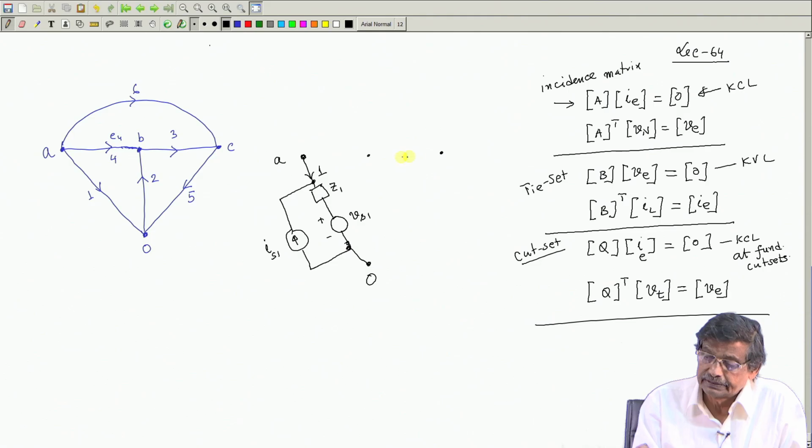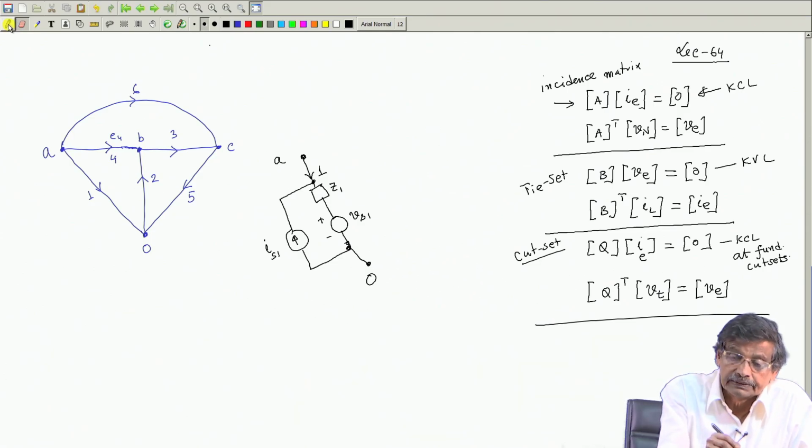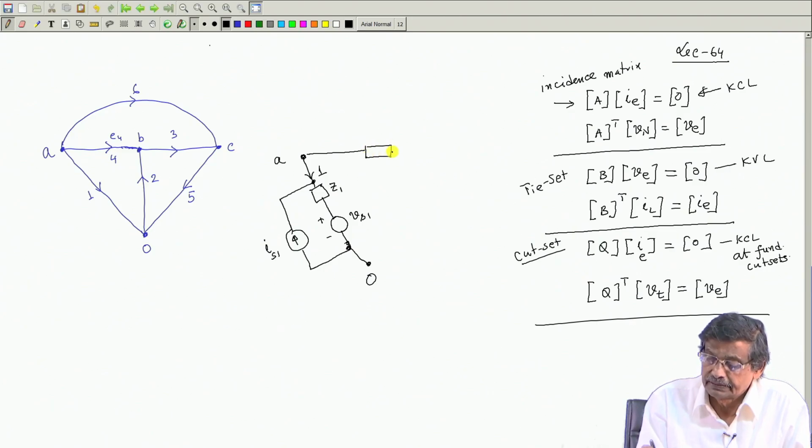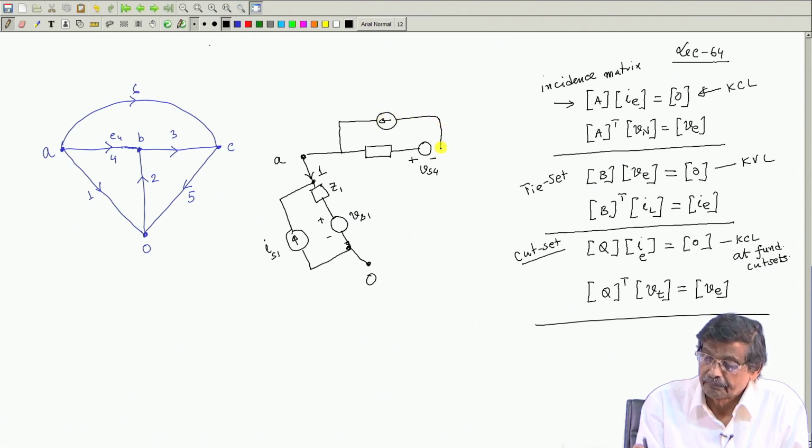Similarly, in this branch, say branch number 4, you can have an impedance, another voltage source Vs4, element 4, and there may be a current source here, Is4.